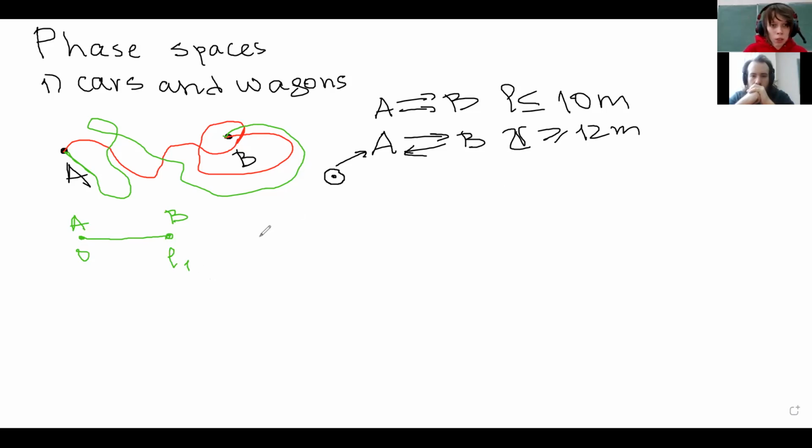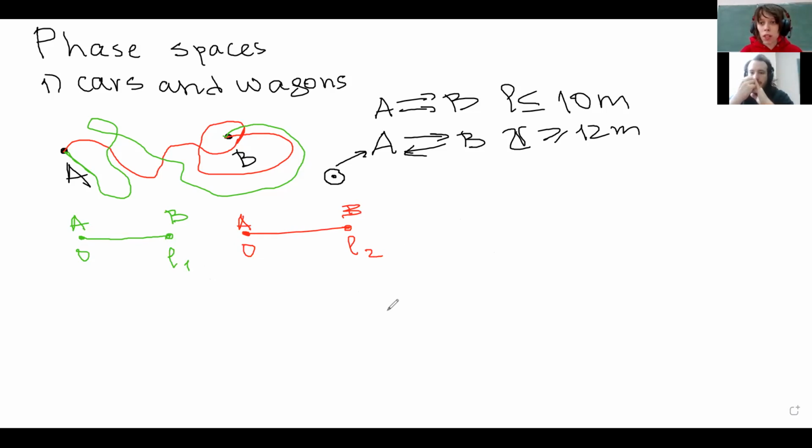And the second road also from A to B, we identify with a line segment from 0 to L2. So L1 and L2 are the lengths of our roads, of course. So how should the phase space look in this case?